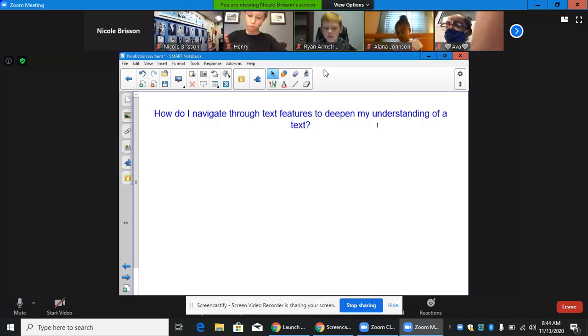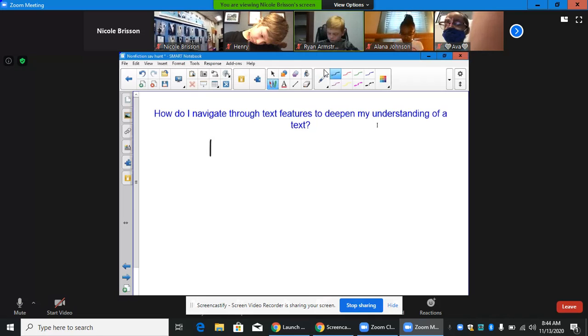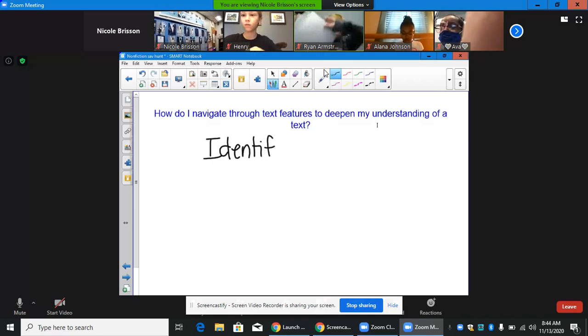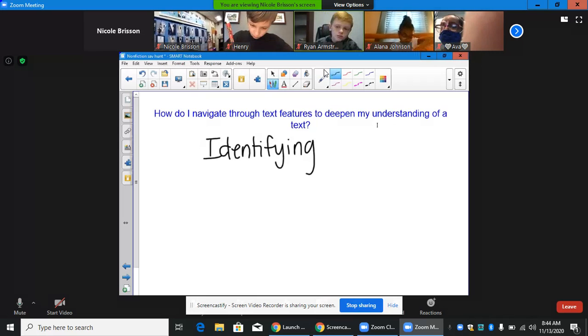Our title is Identifying Nonfiction Text Features. You can do it horizontal or vertical, that's totally fine. I'm going to put NF for nonfiction.